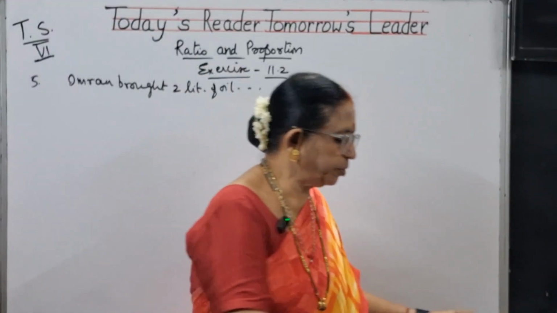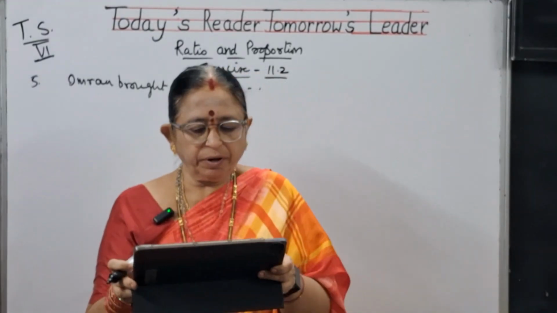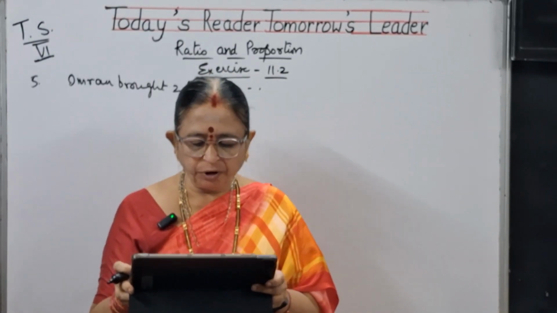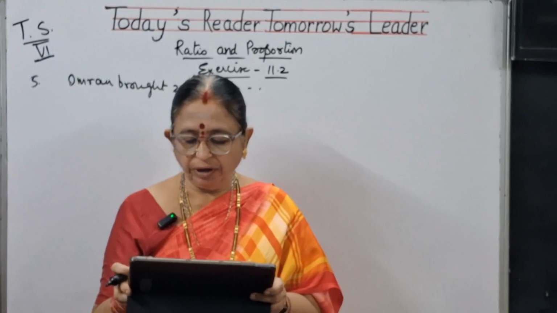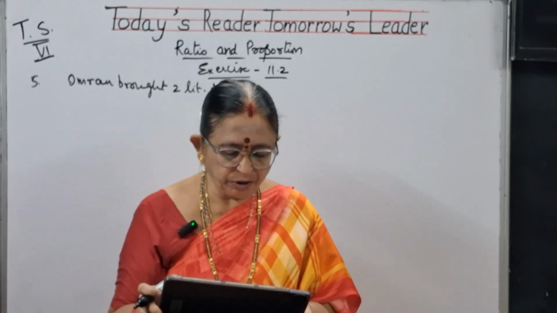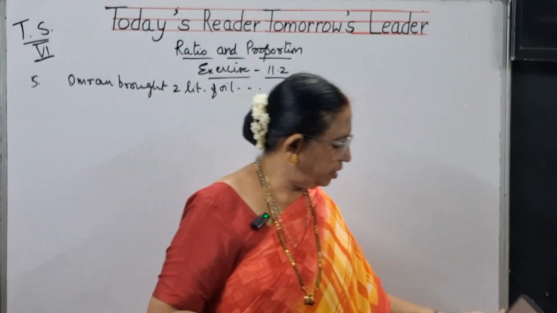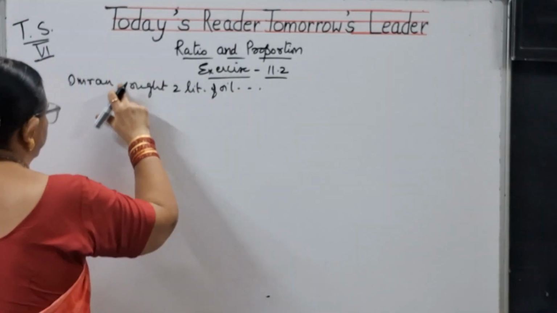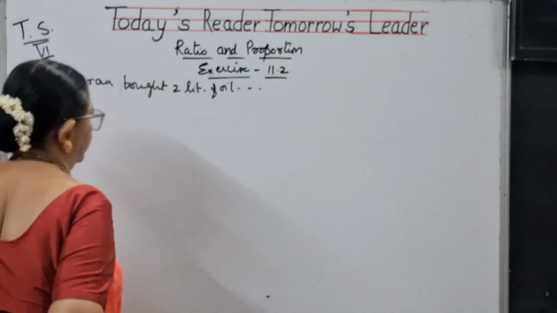Now let us see fifth problem, children. Imran bought 2 liters of oil and Vijay bought 500 ml of oil. Find the ratio of quantities of oil bought by Imran and Vijay. So, bought, it is not brought. Imran bought, purchased.